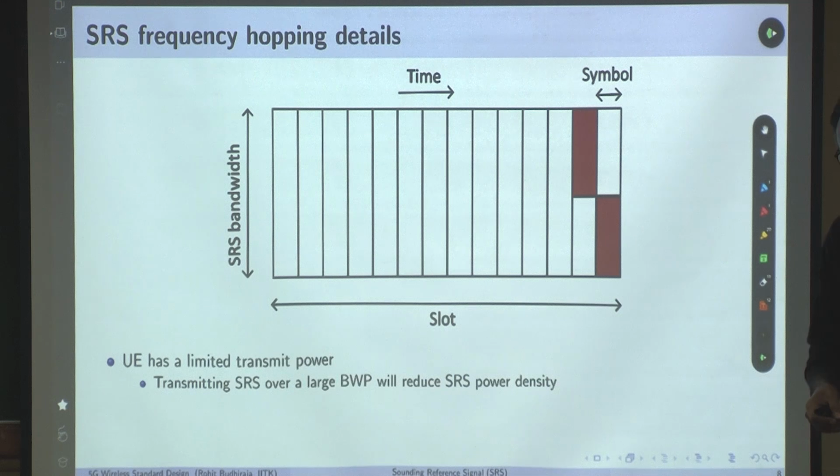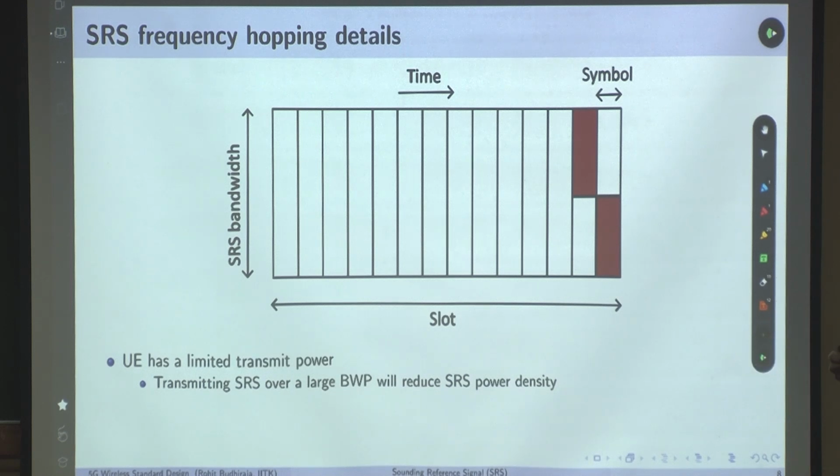Now SRS is basically transmitted in uplink. Correct? And your UE has a limited battery, a limited power. Typically the UE transmits at 23 dBm of power, which is 250 milliwatts.